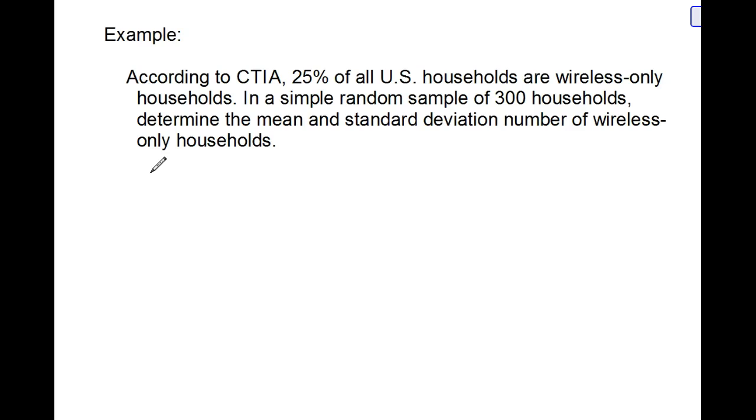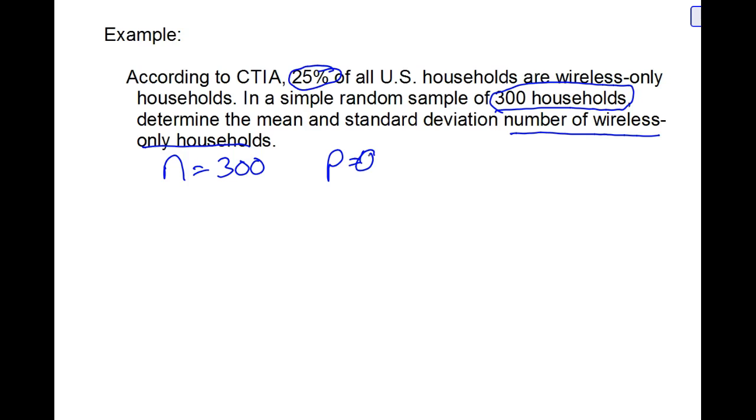So we have to figure out our n, our p, and our 1 minus p. Our n is our number of trials, so our n is going to be our 300 households. That's how many are in our random sample. Our p is our probability of a success. We're wanting to look at the number of wireless-only households, so our success is the probability of being wireless-only, which in this case is 25% or 0.25.